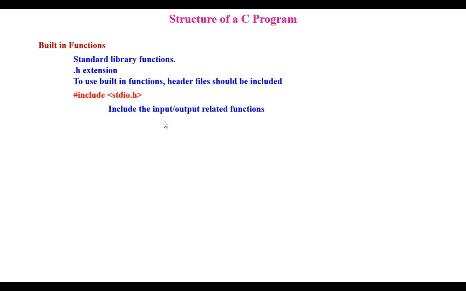So I'm going to utilize input output related functions. Examples: printf, scanf. You will understand what printf and scanf are in our next modules very clearly. For the time being, just understand these are the input output related functions.